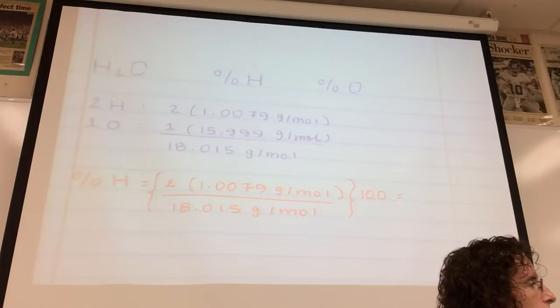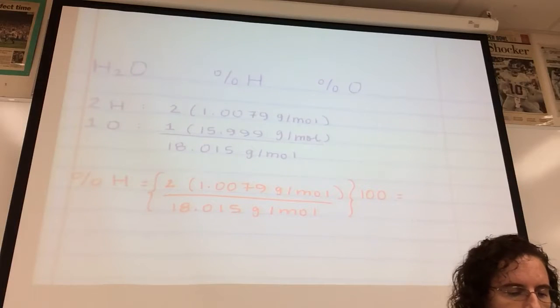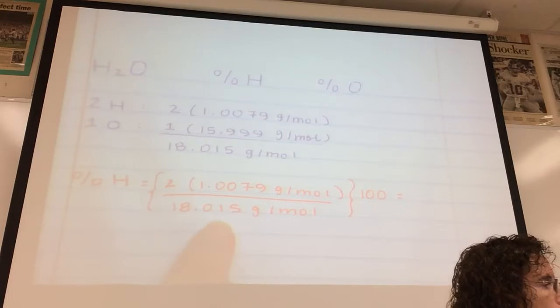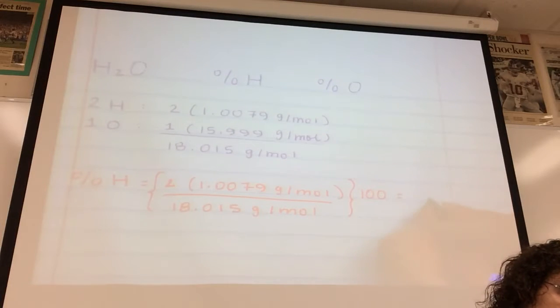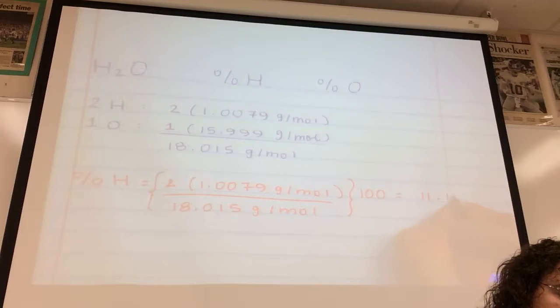Usually with these types of problems, I ask you to find it to the nearest hundredth just to make it easy in regard to sig figs. So this times this over this is going to give you a percent composition of 11.19% hydrogen.